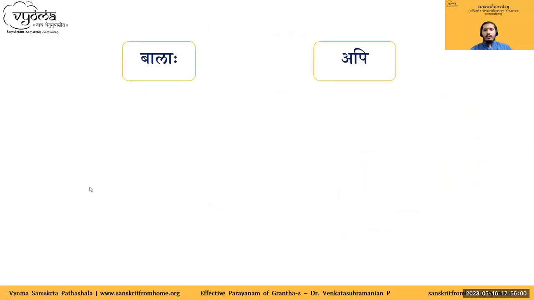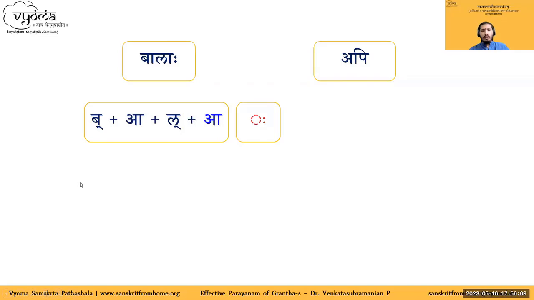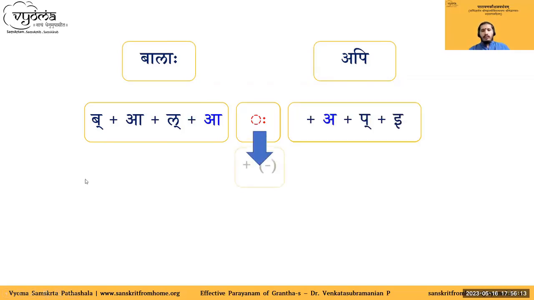An example for this is balaha api. On the left hand side we have dirgha swara, on the right hand side we have hrasva swara, and in between we have visarga. What occurs? In place of visarga we get lopa, that is, visarga is deleted.